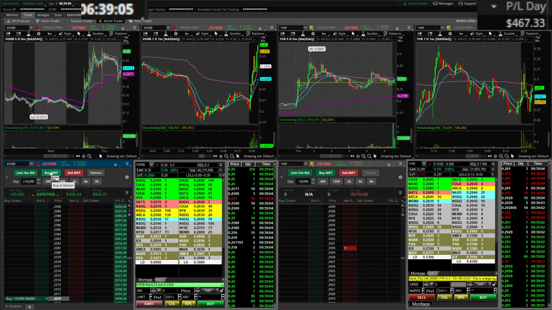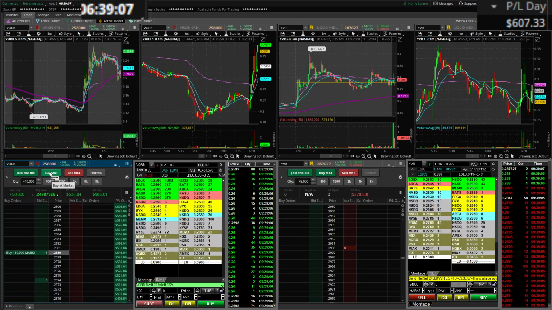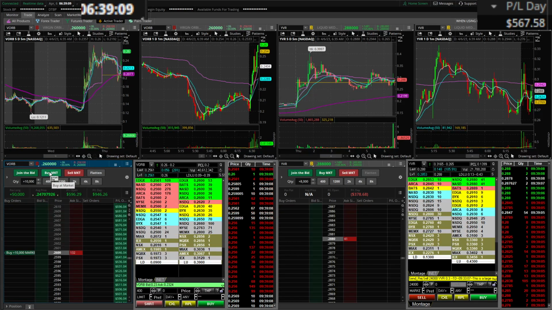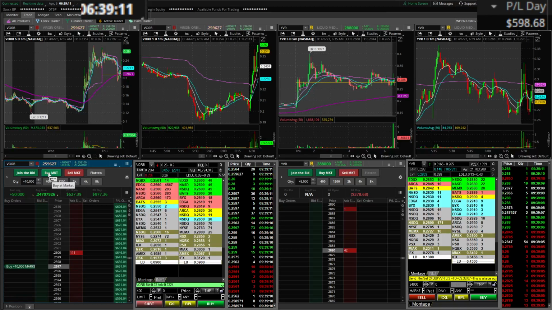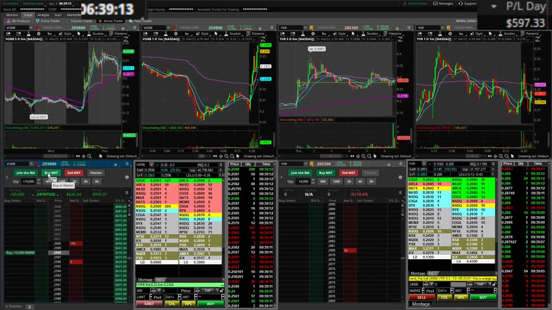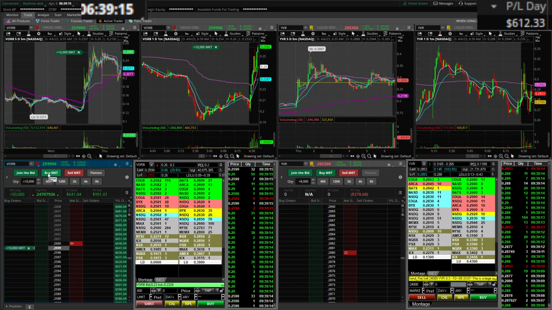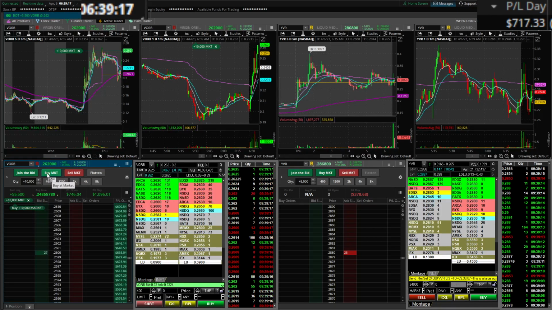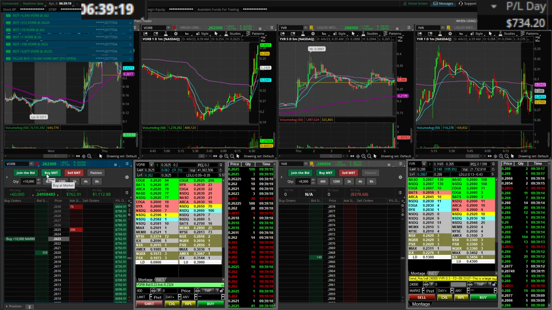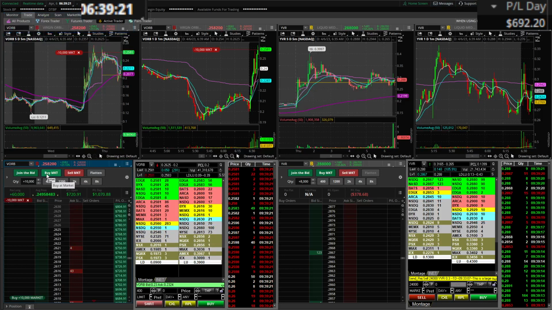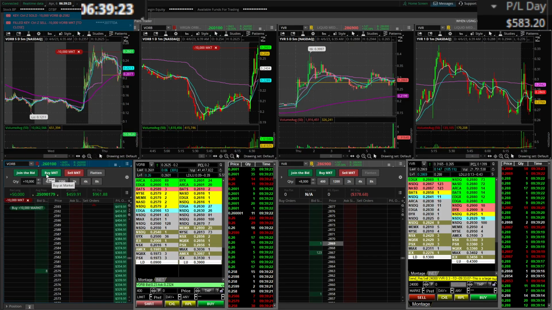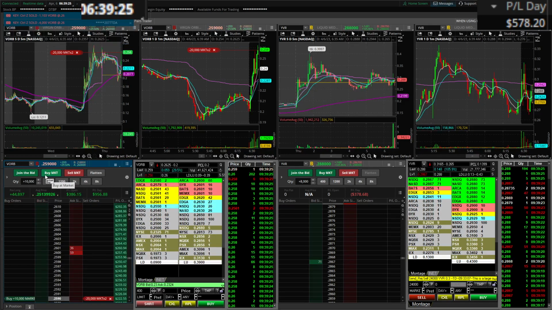There we go. There's 26. Big buyers at 25.60. Huge buyers at 25.60. Watching the break through 26. Add at 26.20. Taking some off at 25.80 and 26.